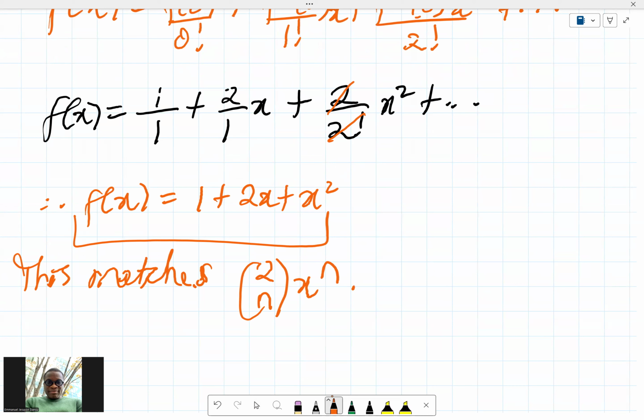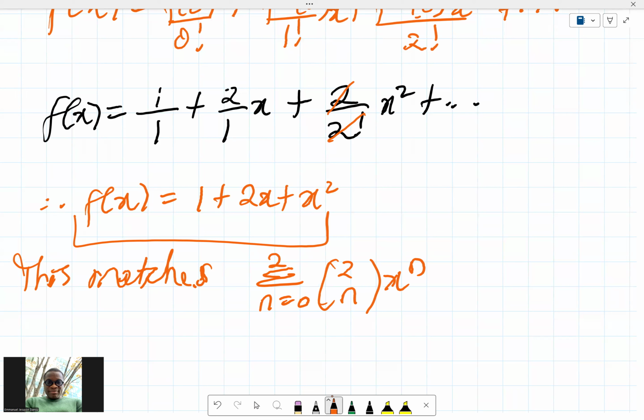Or better still, this matches the summation from n equals 0 to 2, where 2 is the power, of 2 combination n x raised to power n.